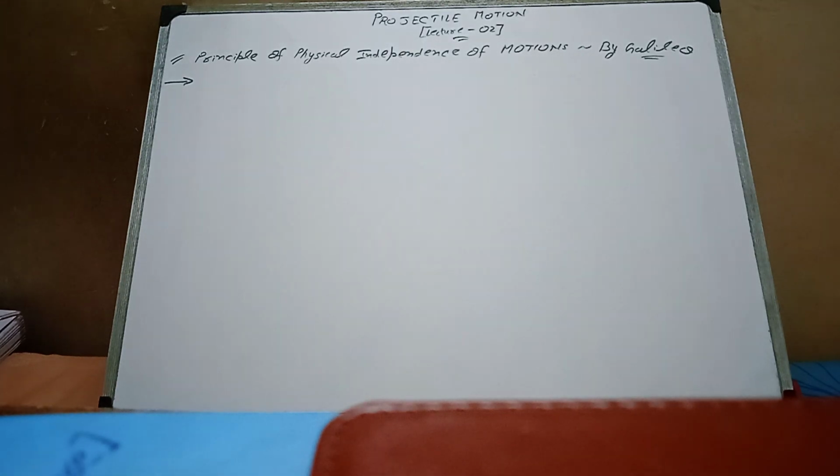So let's write this statement. The two motions of a projectile along horizontal and vertical directions are independent of each other. This is called the principle of physical independence of motions as stated by Galileo Galilei.